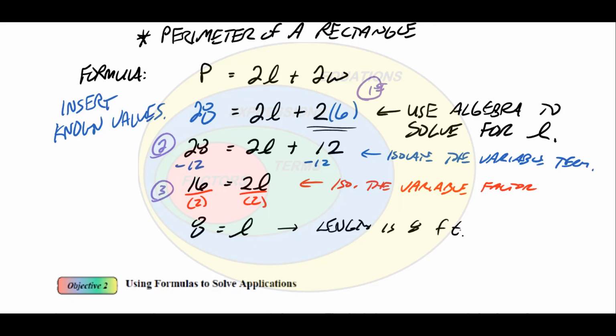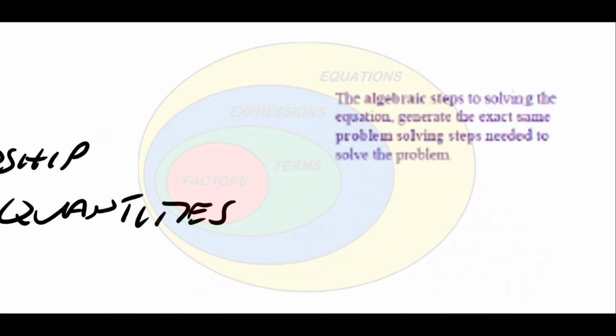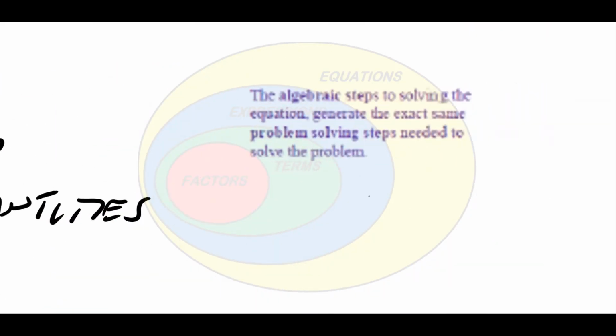So I want to look at this little statement. It's in your notebook too, but it's kind of what we just got done realizing. The algebraic steps to solving the equation generate the exact same problem-solving steps or calculations needed to solve the problem.